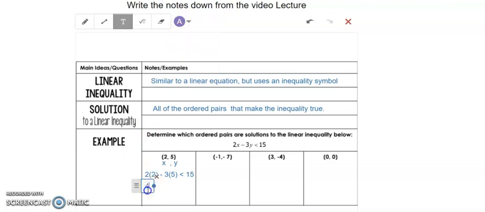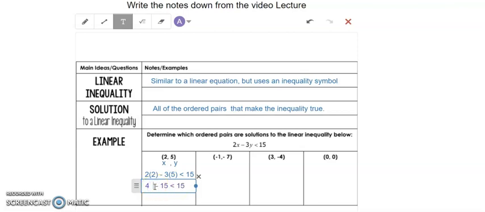Okay, so I have 4. I need to make my box bigger so I can type. 4 minus 15, 3 times 5 is 15, is less than 15.